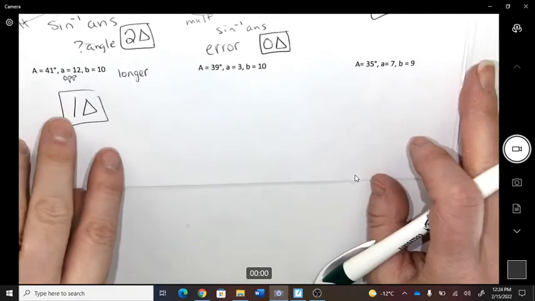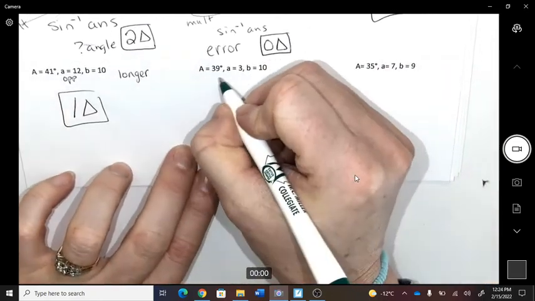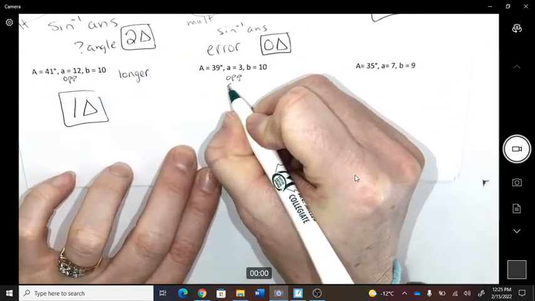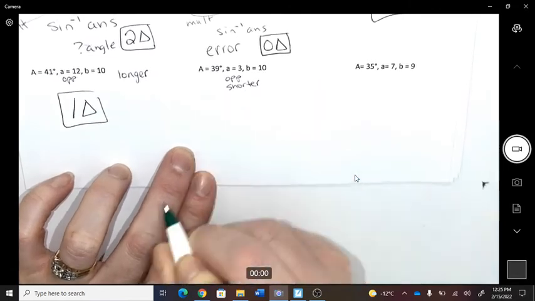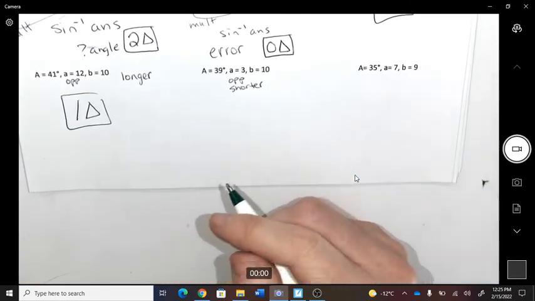Okay, number 5. Opposite is shorter. So once the opposite side is shorter, I'm going to test.